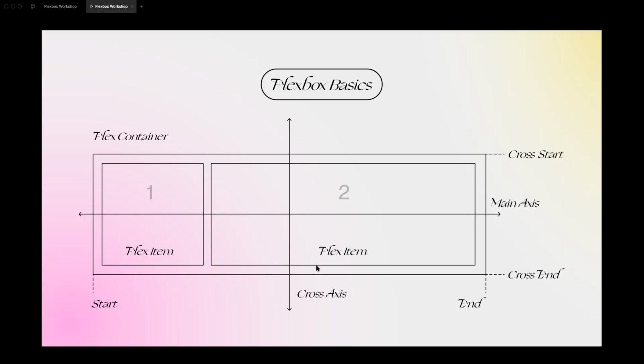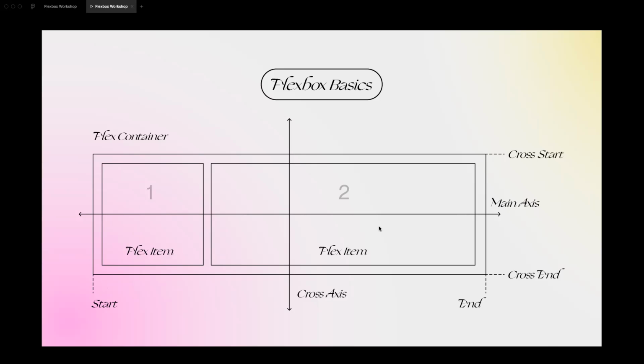So if it was a row, then all my elements would start on the left side and end on the right side. That's using justify. And then if you use align, everything would align on the top for the start, and everything would align at the bottom for the end. This will make a little bit more sense after we go through the properties.